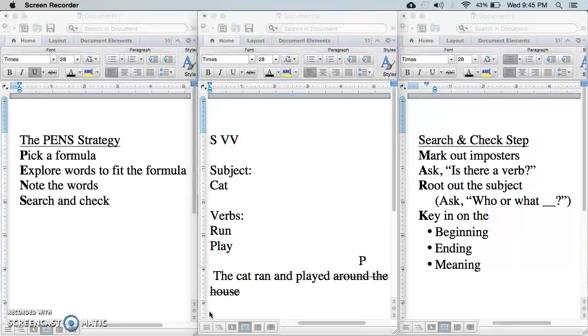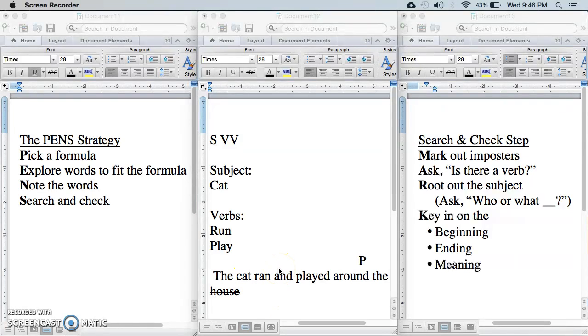Yes, we are going to ask, are there any verbs in my sentence? Let's look at our sentence and decide if we have any action or linking verbs in this sentence. Is the word the or cat an action or linking verb? No, they are not. Is ran an action or linking verb?